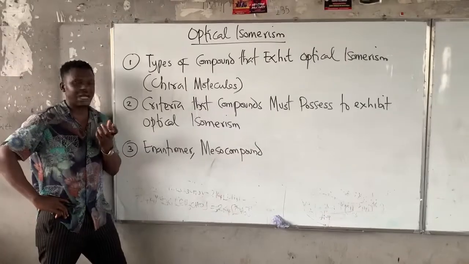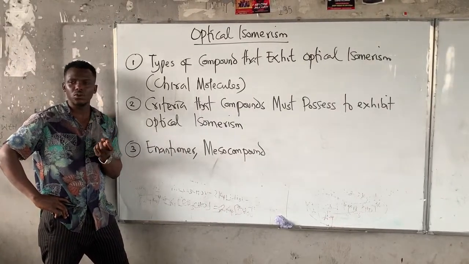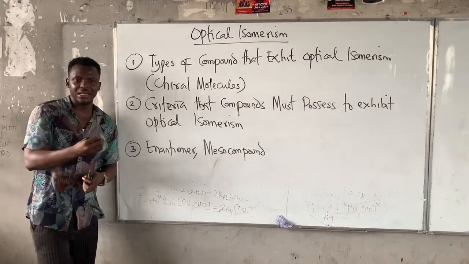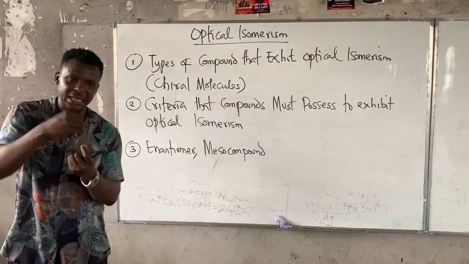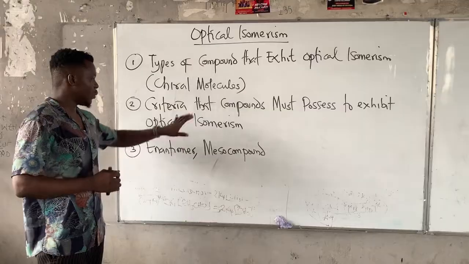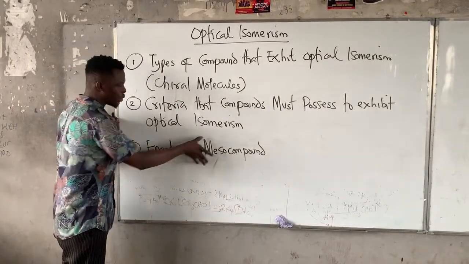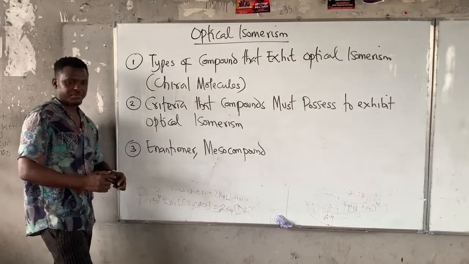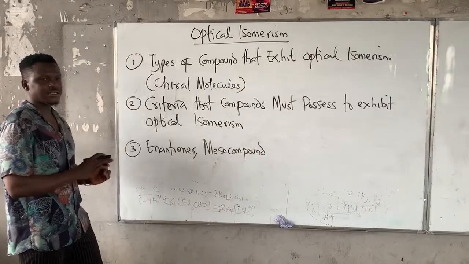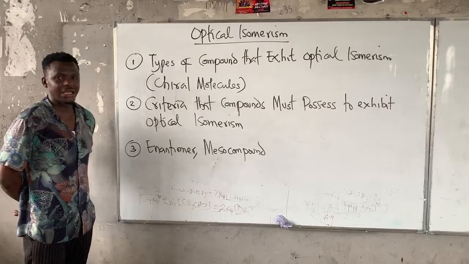Those are called chiral molecules, and for a compound to be called a chiral molecule, there must be a criteria that every such compound must possess. After this, we look at the enantiomer, methyl compound, and the rest. Once we cover this, we're at least 85 to 90% good with regards to optical isomerism.